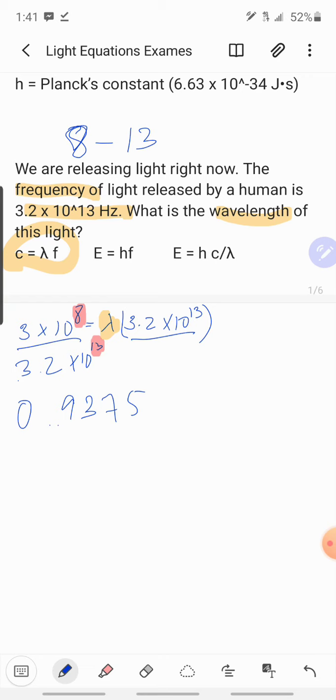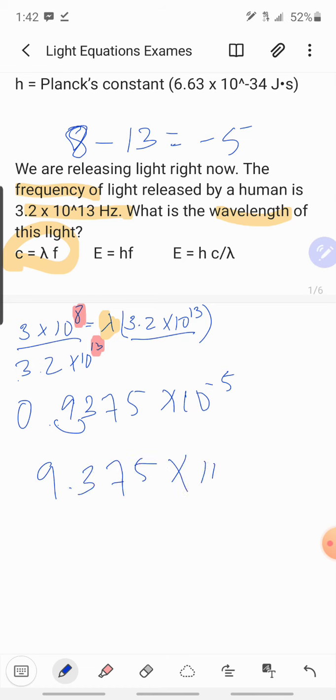And if I do 8 minus 13, we get negative 5. So that would be 10 to the negative 5. So if you wanted to move this over one, we do 9.375 times 10 to the minus 6, because we moved it one more time to the right. And if you plug all of this in the calculator, you'll get the same thing.